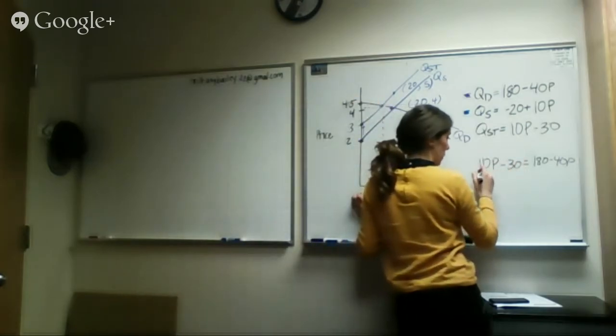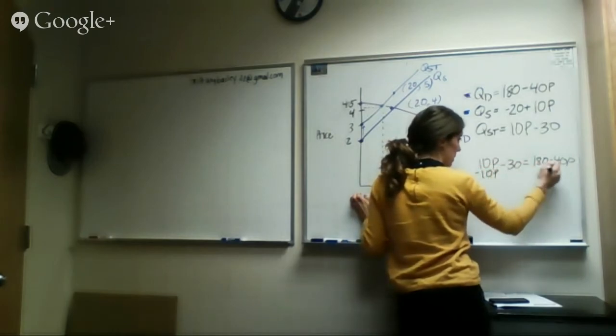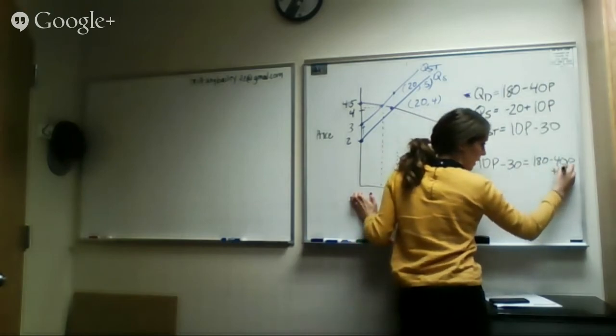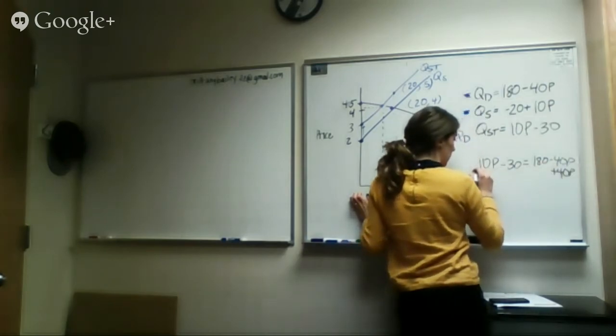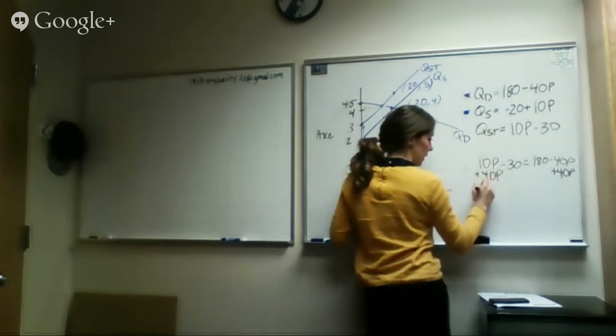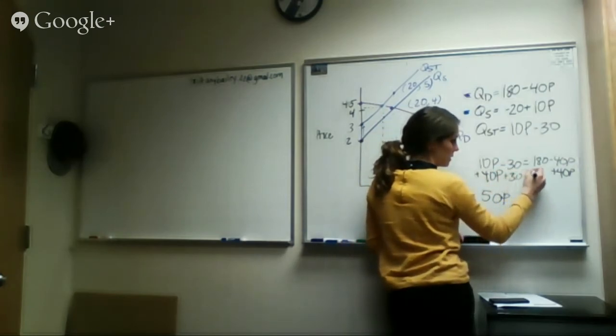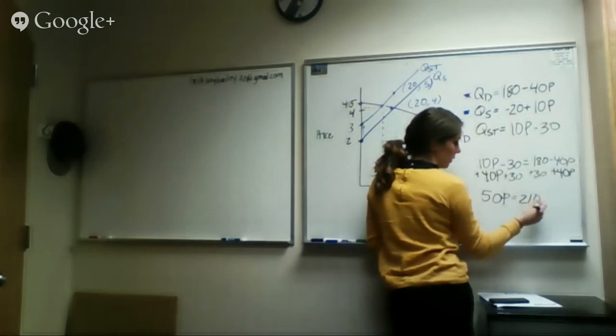Okay, so I'm going to add 40p on both sides. Get 50p over here. I'm going to add 30 on both sides. Get 210 over there.